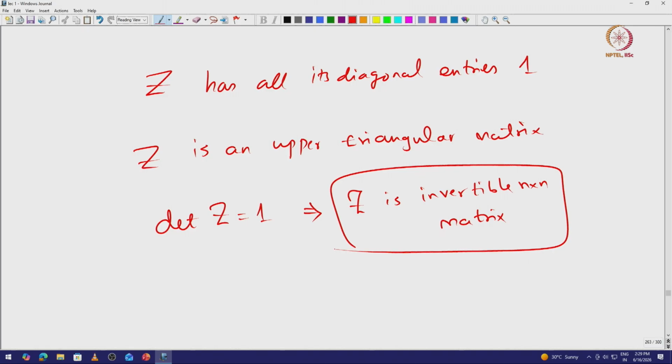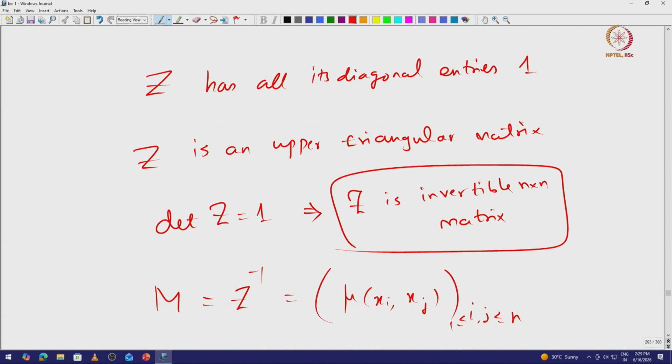Now we can use matrix theory and write down a formula for the inverse of Z. Let us call M the inverse of Z, and denote its entries by mu of x_i, x_j, where i, j vary from 1 to n.